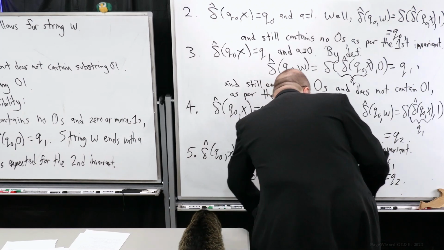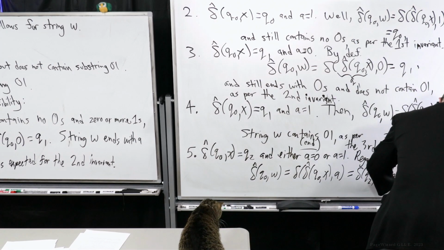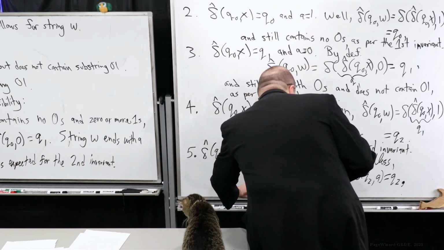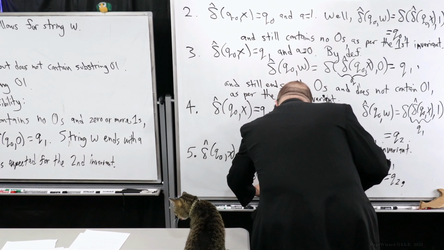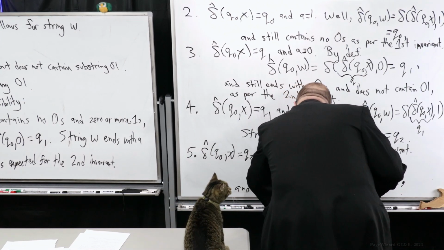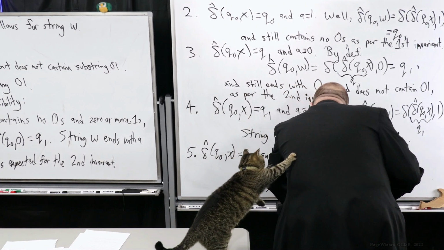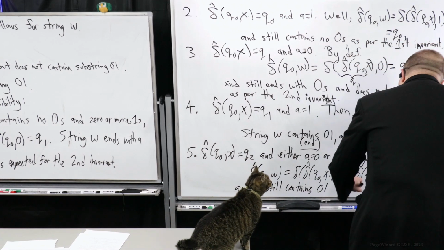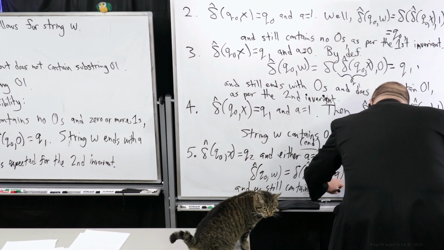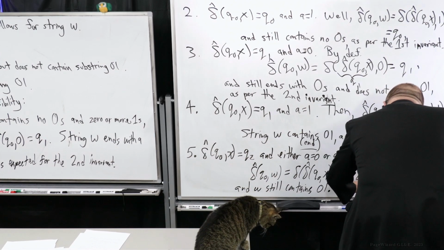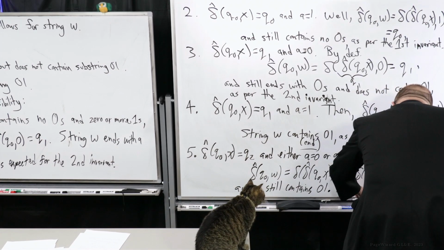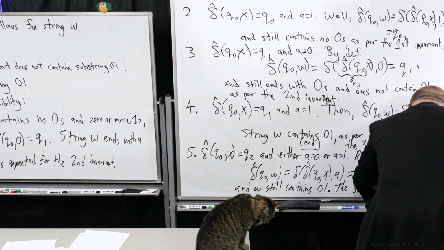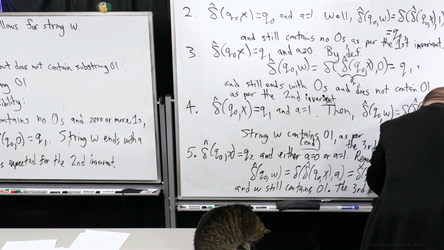And W still contains, yes, Miss Kitty, still contains 0, 1. The third invariant still holds.